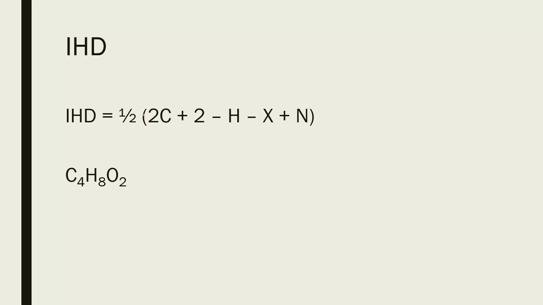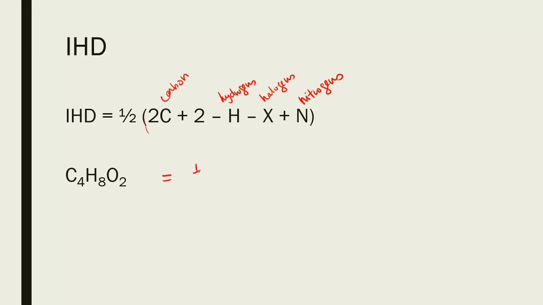I'm going to take 1/2 the number of 2 times the carbons plus 2 minus the number of hydrogens minus the number of halogens plus the number of nitrogens. So look at this guy.